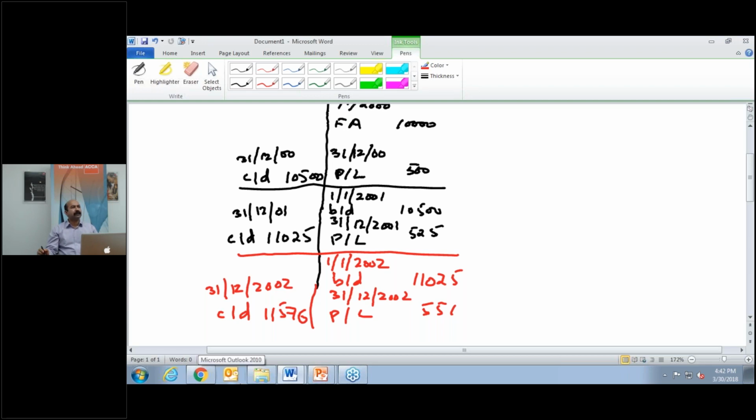Incremental depreciation is created due to revaluation. No, we have not discussed this point. Okay. Any other question? Okay. Maybe we will be discussing over here.